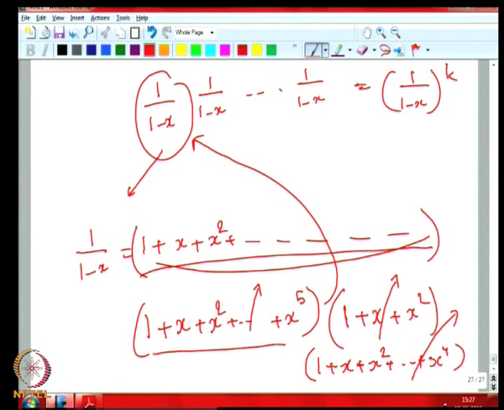But this is making sure that E1 is between 0 and 5, similarly E2 is between 0 and 2, and E3 is between 0 and 4. If they add up to n, then we will get one more to the coefficient of x raised to n. If they do not add up to n, then it does not contribute to the coefficient of x raised to n, right.